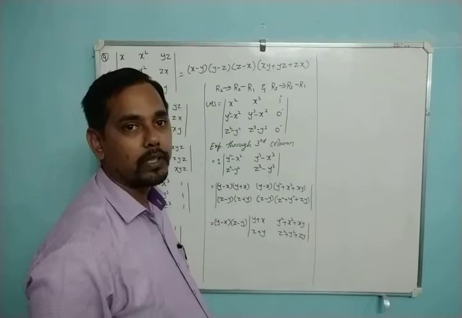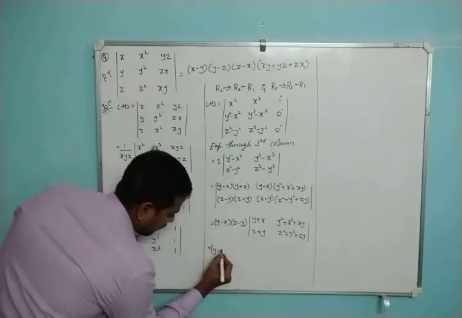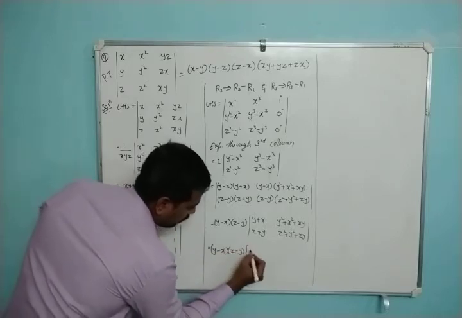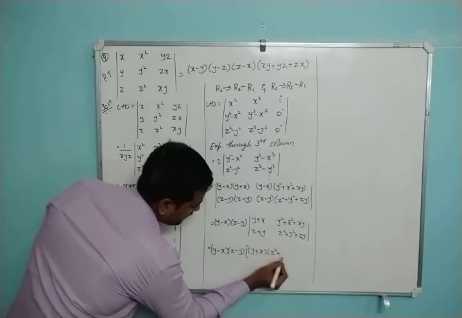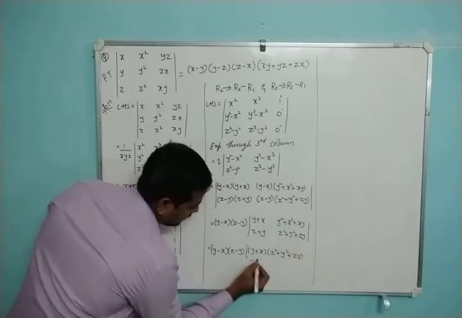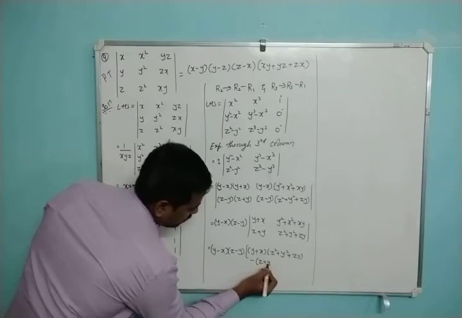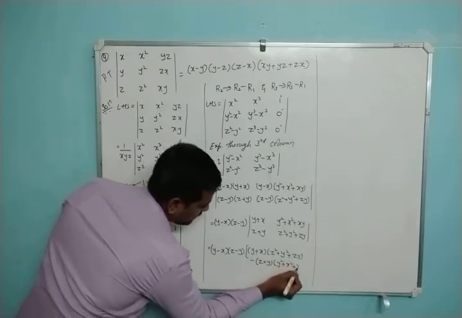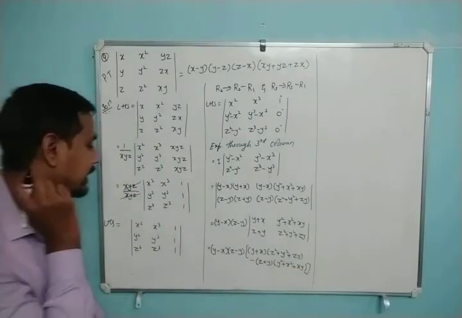So this will be y minus x into z minus y into y plus x into z square plus y square plus zy, this into this minus this into this. Z plus y into y square plus x square plus xy. Right? That is how it will be there.